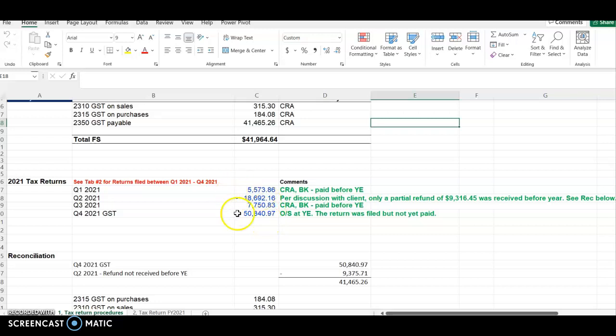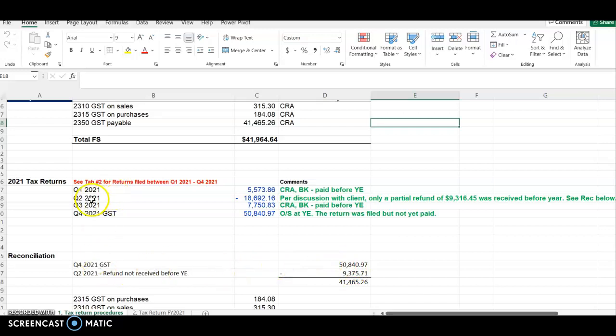So at this point, how do we determine the total amount that the client should have in their general ledger as payable? So we're going to perform our reconciliation right here. So as at quarter 4, the client was yet to pay the government this total amount. So we're going to put that right here.